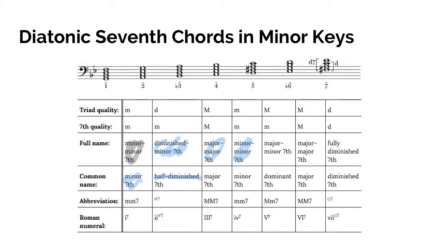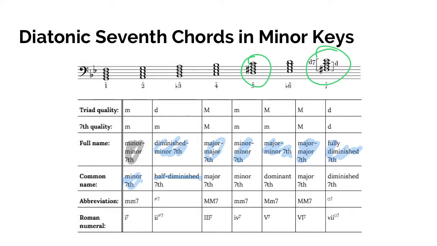And again, we're talking about harmonic minor, which has our raised 7th scale degree, which makes our 5 chord the major minor 7th chord. Our flat 6 chord is a major 7 chord, and then in minor keys, our diminished chord is fully diminished.